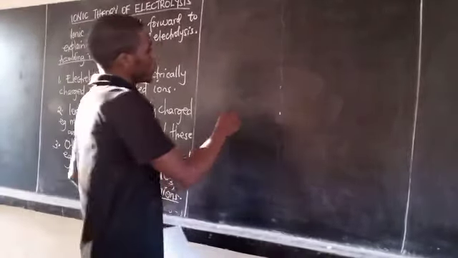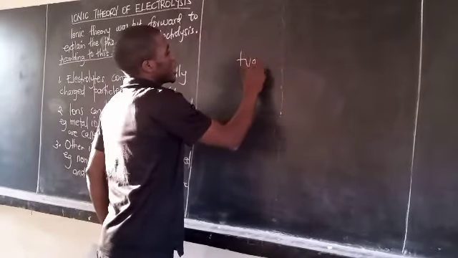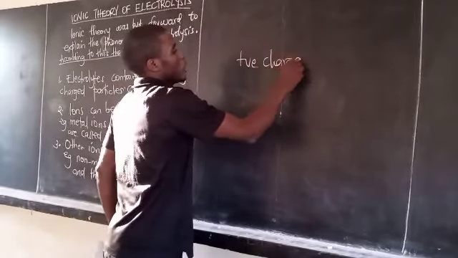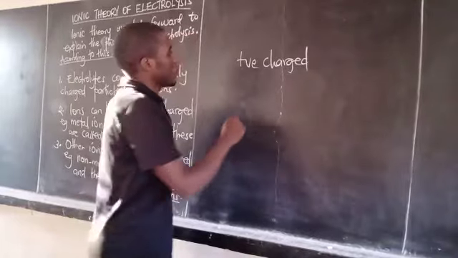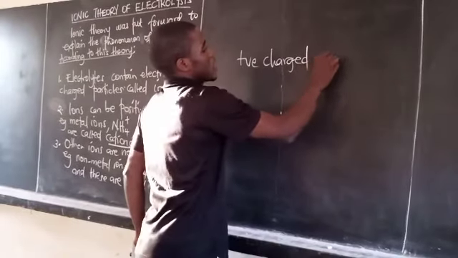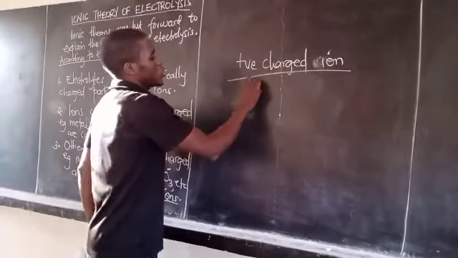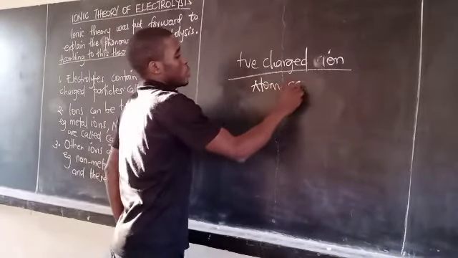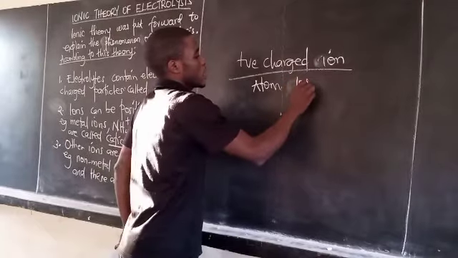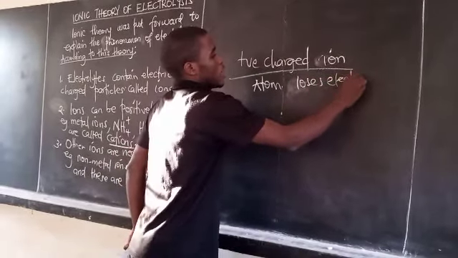From lower chemistry, the positively charged ions are always obtained when an atom loses electrons.